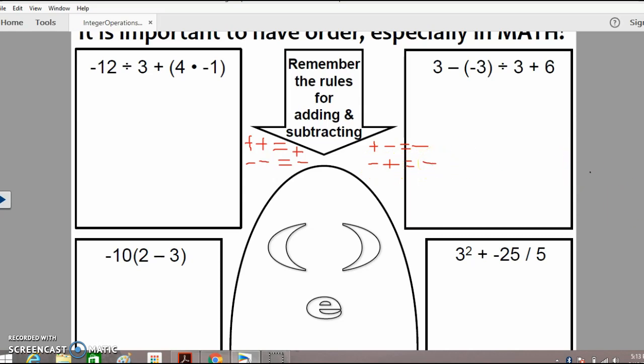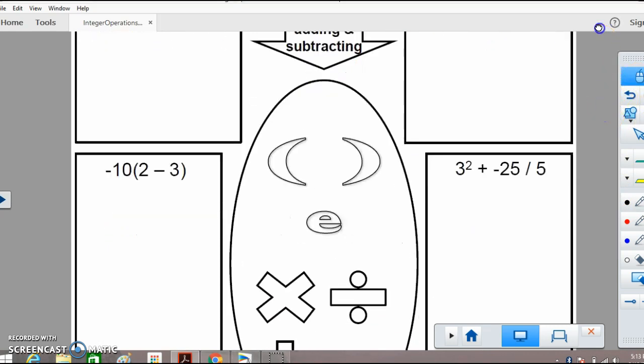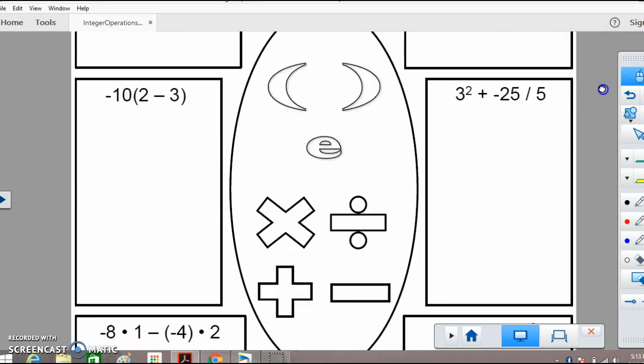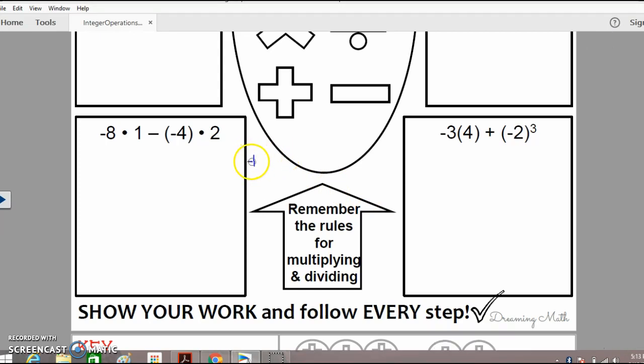Okay? Now, also, if you will, remember that we also have rules for multiplying and dividing. And what's funny is that the rules are very similar to adding and subtracting. For example, if I'm multiplying and both of the signs are the same, do you recall? I am going to get a positive answer.